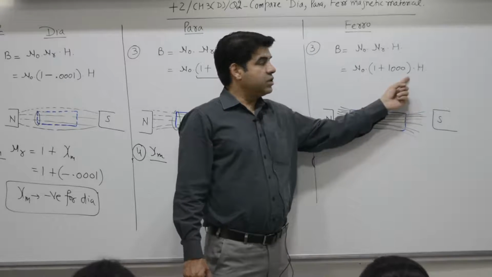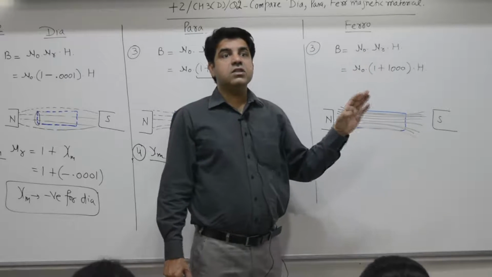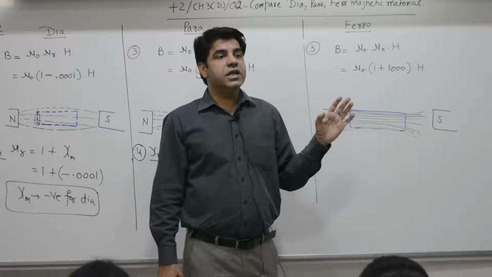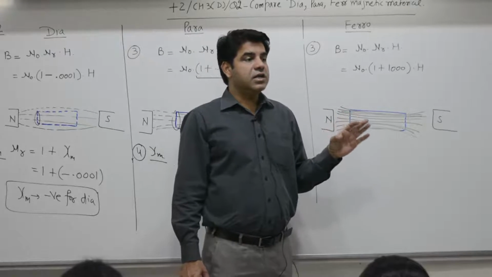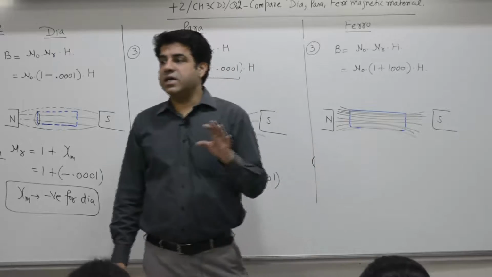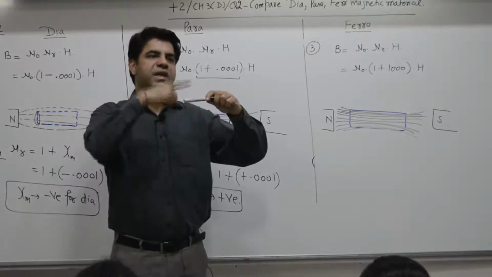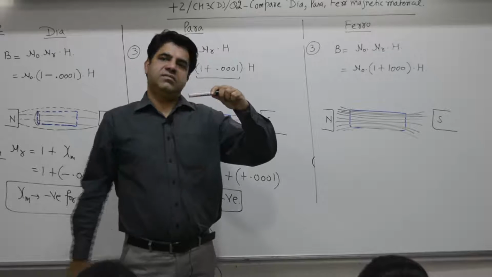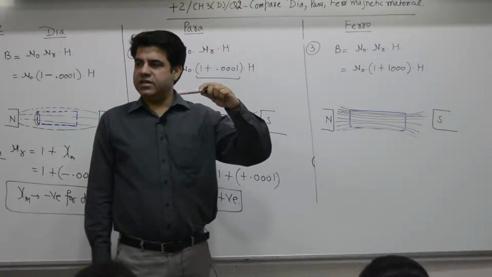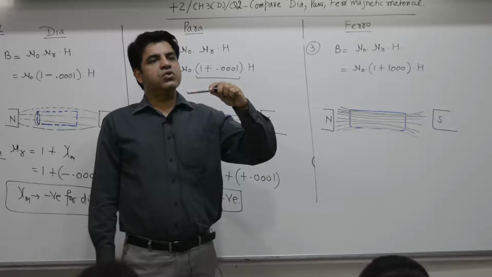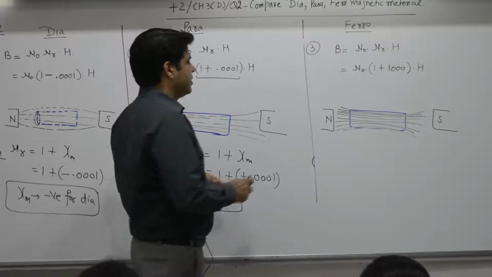That means this makes the magnetic field 1000 times. In comparison to air, iron is 1000 times better. Now you know why in electromagnets you make use of iron, steel stampings, because the mu r value is very, very high.